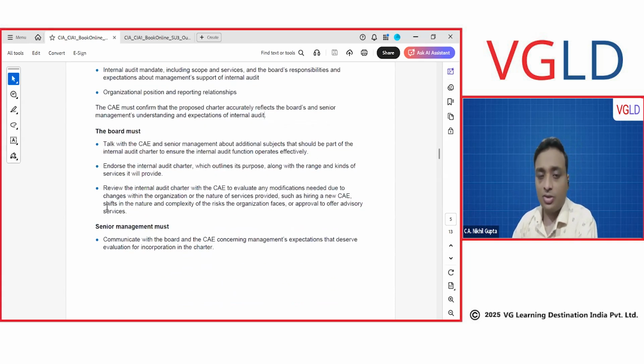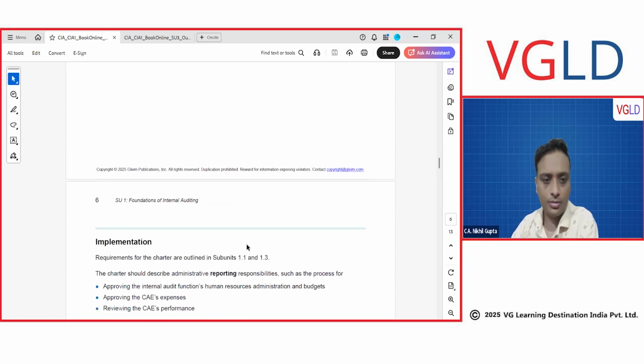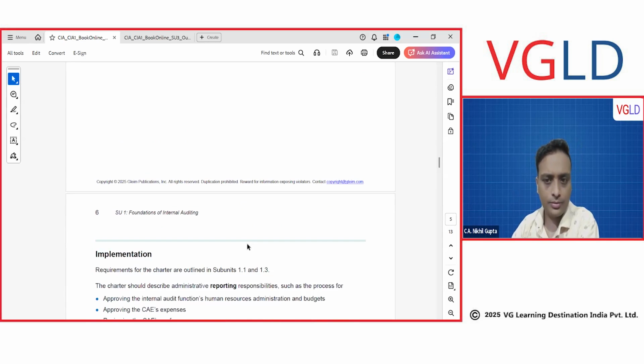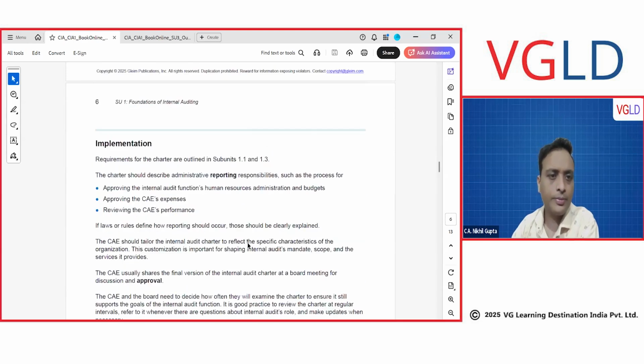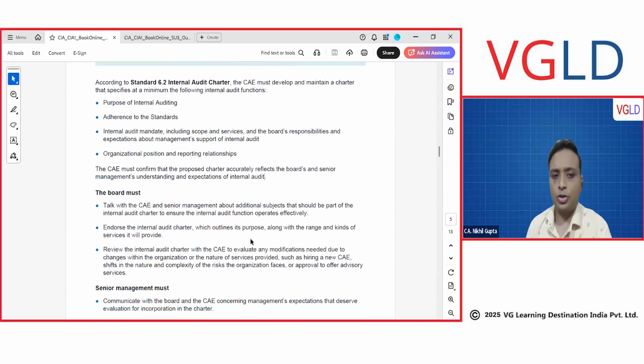Also, what does the board need to do? The board must talk with the chief audit executive and the senior management about additional subjects that should be part of the internal audit charter.